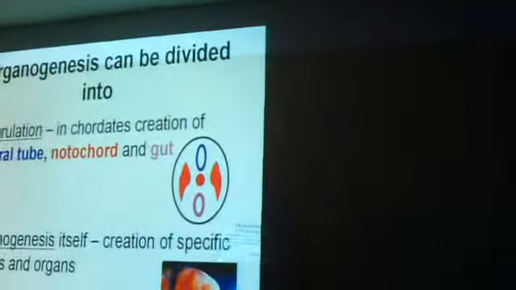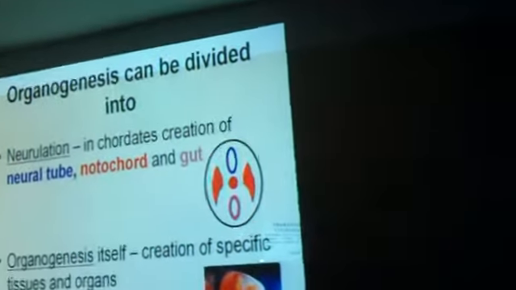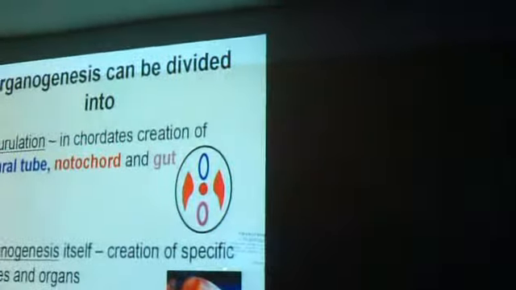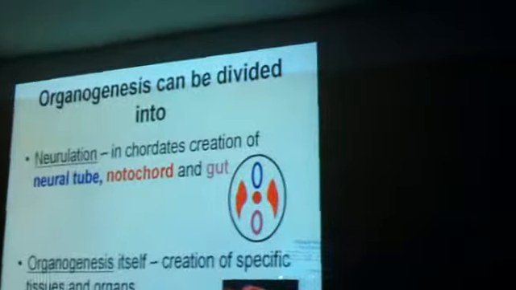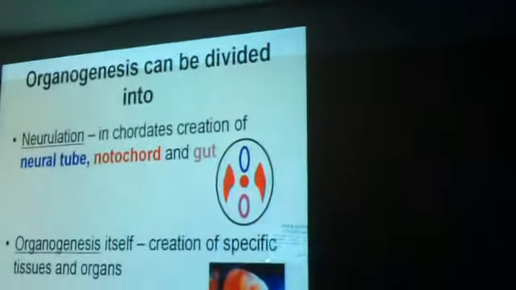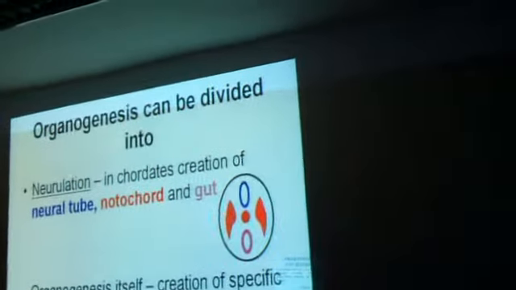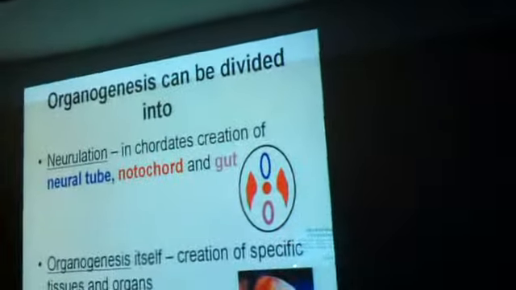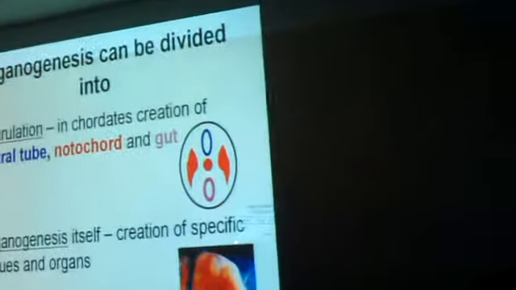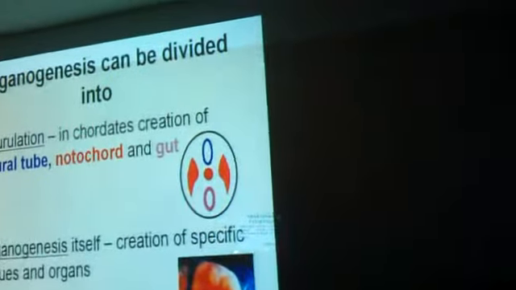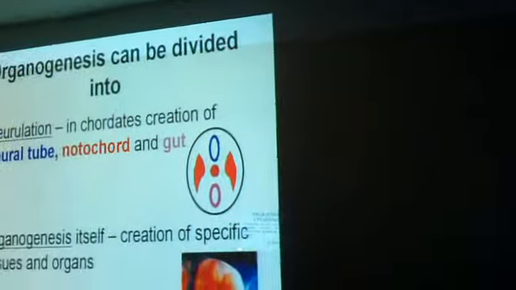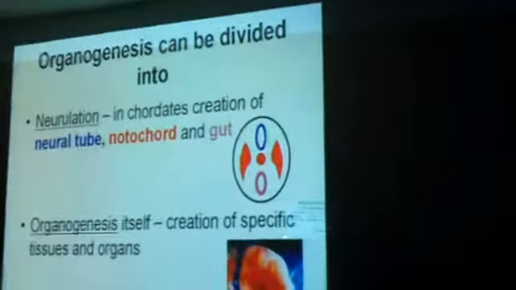It is divided into neurulation, when three structures are created: neural tube, notochord, and somites, and gut, intestines. Then organogenesis is the creation of specific tissues and organs, which we do not discuss. You study it in histology and anatomy.